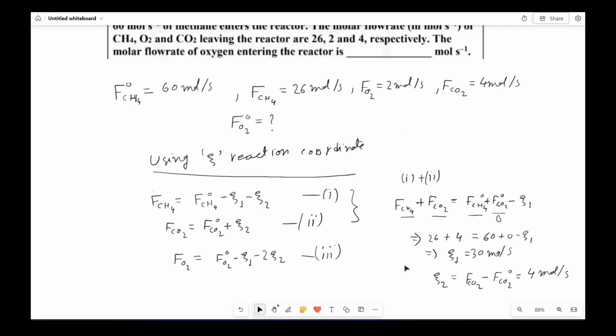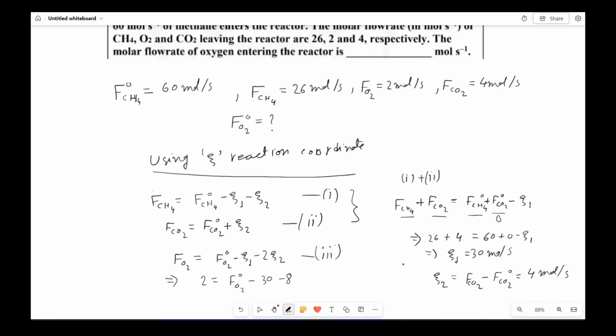So from zeta 1 and zeta 2, we can easily get the value of FO2 naught. FO2 is given, which is supplied in the system, FO2 naught is unknown, zeta 1 is 30, minus 2 into zeta 2, which is 8.